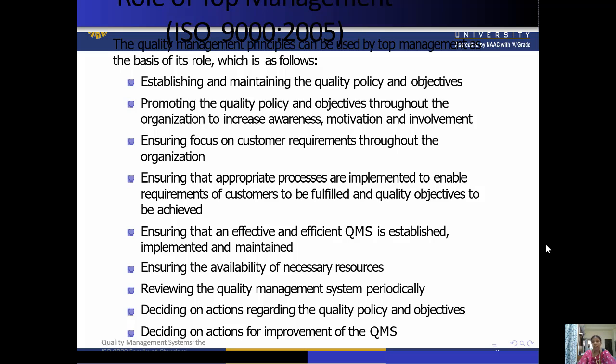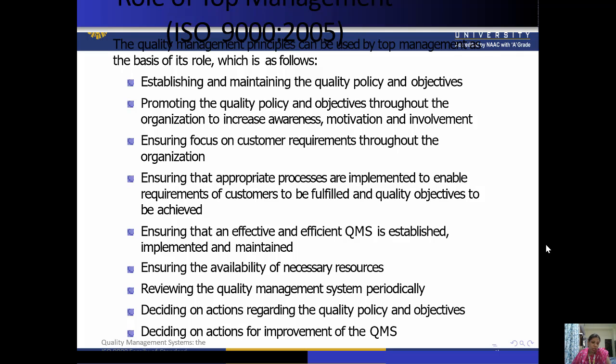Okay, so we can say that it is the duty of top management to establish the policies and to make the rules and regulations related to this quality management system or quality management principles. So establishing the quality policies and maintaining the objectives, this is all the work of the top management.